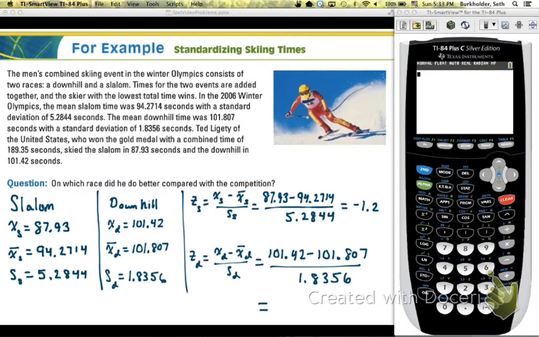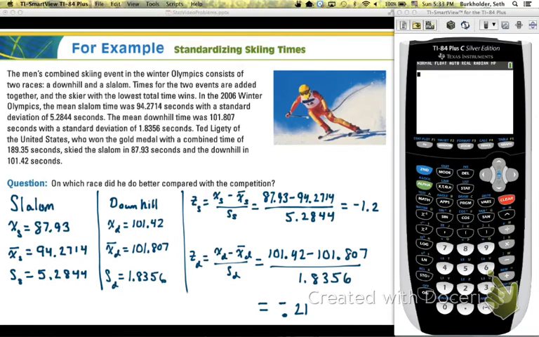And it looks like while he was below average, he wasn't below average by much. He was only about 0.21 standard deviations below the mean in the downhill. Now some of you might be saying, hey, I actually kind of knew that before we even started doing the calculations.